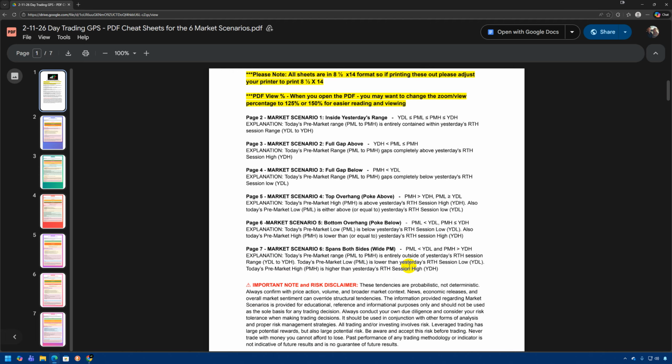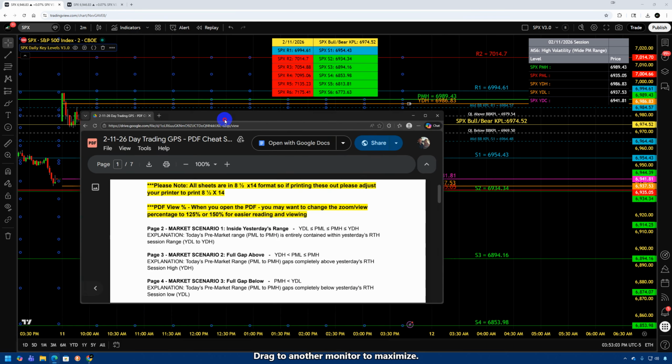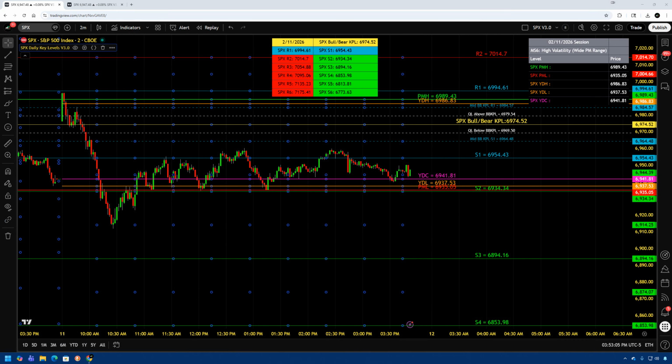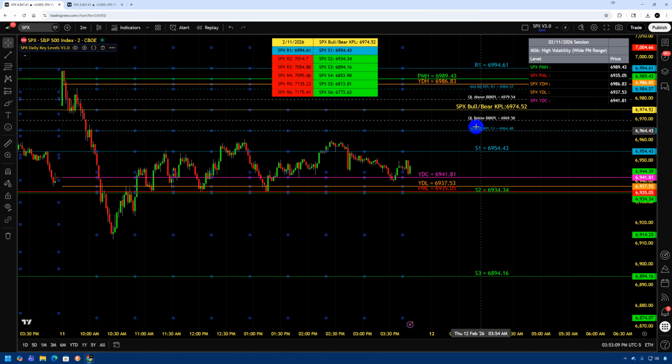So as an example, if we go back to today's session, which happens to be this market scenario, you will see here that the PMH is above the YDH and the PML is below the YDL. So the entire range of PMH to PML is outside yesterday's high and low of the RTH session.